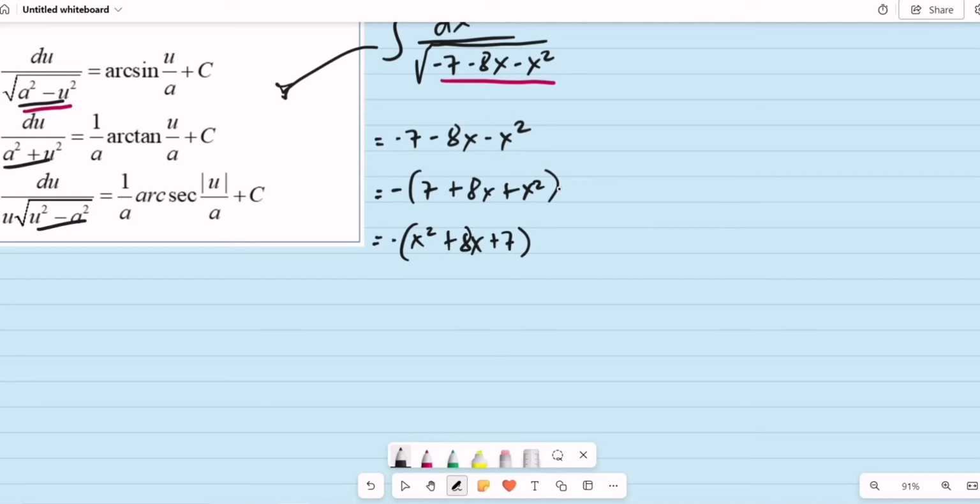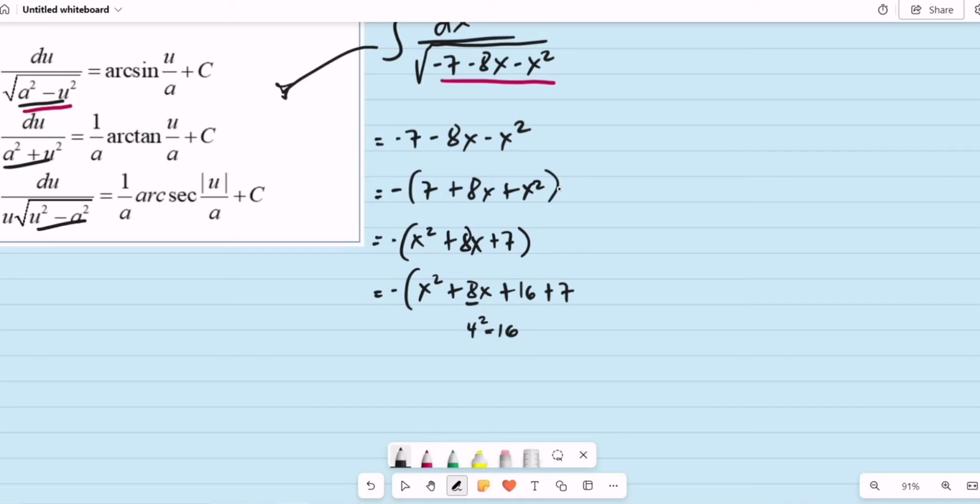If you recall how to perform completing the square, observe the numerical coefficient of x. The numerical coefficient of x is 8. What is half of 8? Half of 8 is 4. If we square this, 4 squared is equal to 16. So all we have to do is add 16, then plus 7.